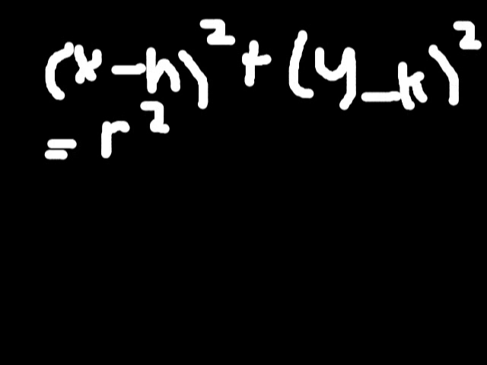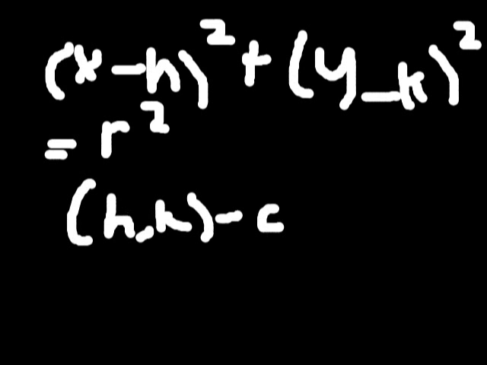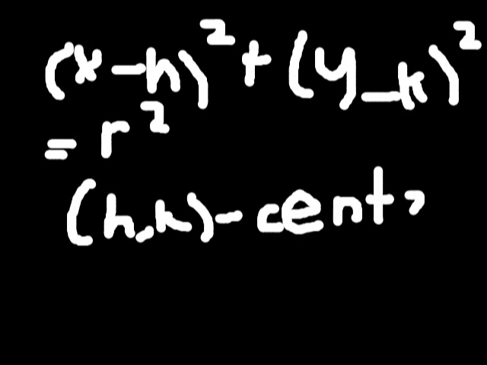What are all these symbols? The x and the y are the coordinates, of course, and the h and the k are the coordinates of the center. This is the x coordinate of the center, and this is the y coordinate.